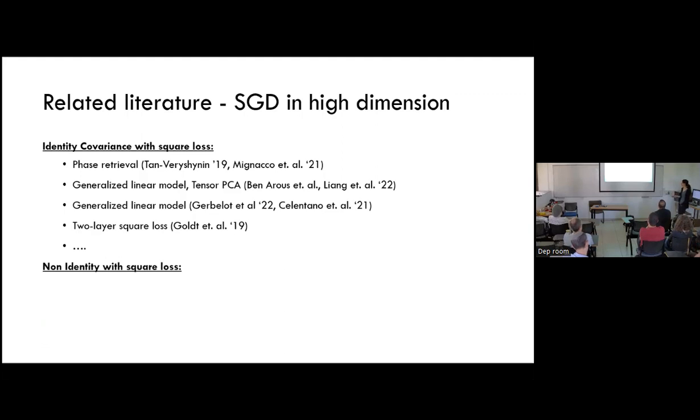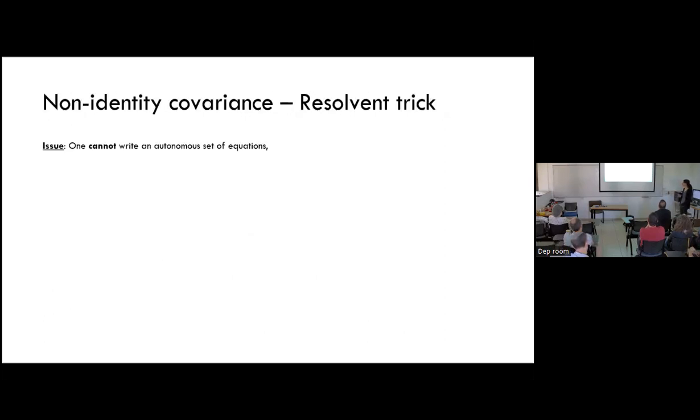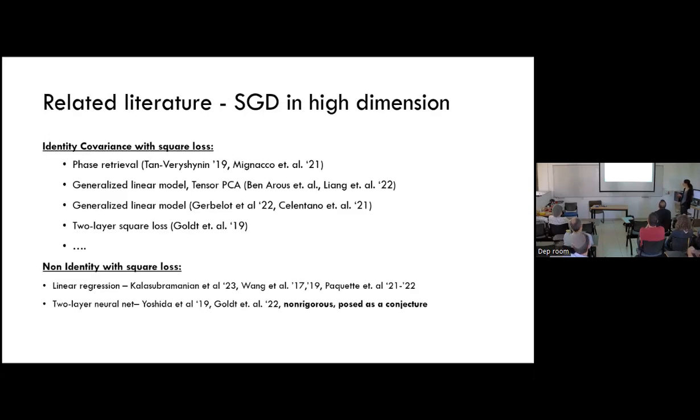For the structural data case, again just with square loss, there was recent work for linear regression, also by my collaborators. But again, this uses the fact that you have linearity here. For the nonlinear case, the equation was recently posed for the two-layer example without proof, as a conjecture by physicists.